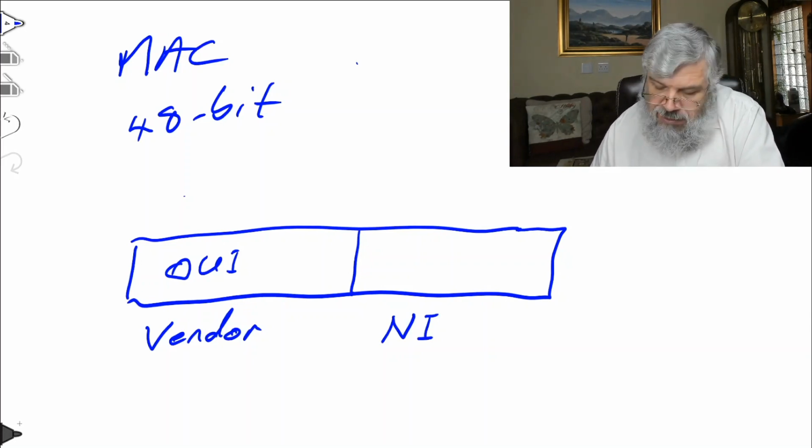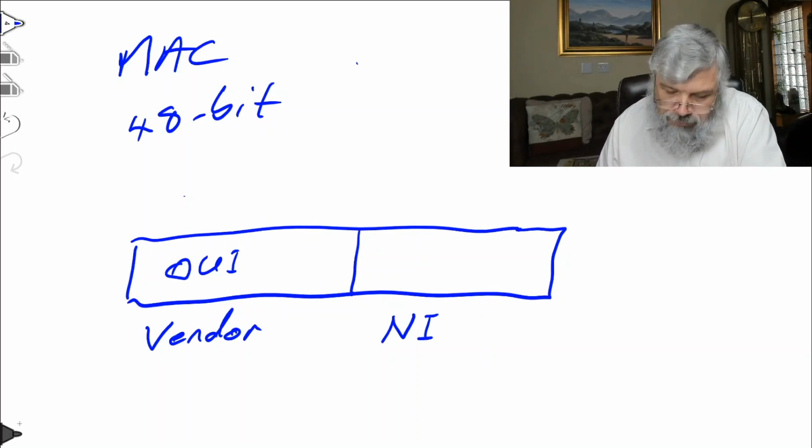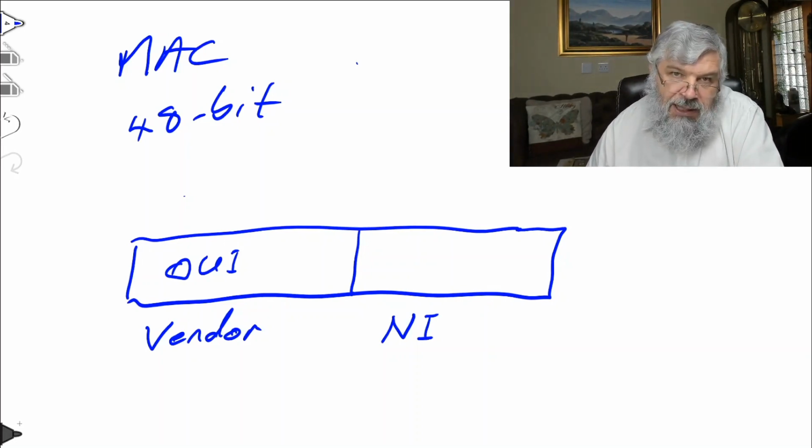The logic behind an address such as this is that anyone who wants to manufacture network interface cards will acquire a vendor code. For many, many years now, it's been administered by the IEEE, and you obtain your vendor ID from the IEEE.